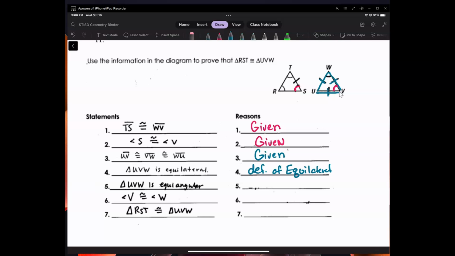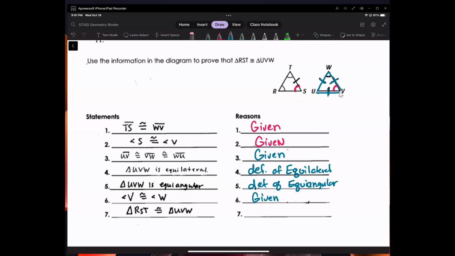Now, number 5, we have triangle UVW is equiangular, and that's by definition. So equi means equal, angular means angle. We do know that angle V is congruent to angle W. That was given.